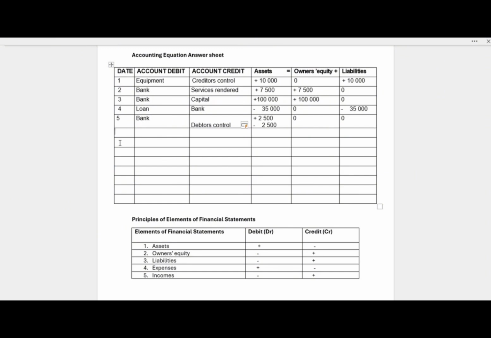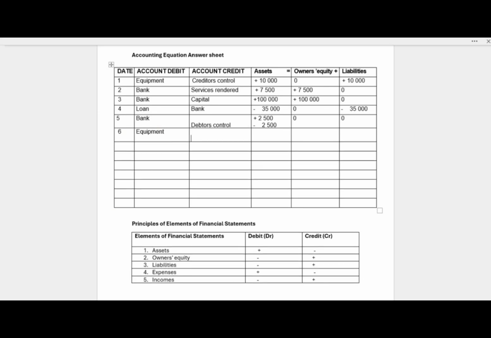So transaction number 6. Equipment is an asset. We bought more equipment, so there's an increase in our equipment, and it is an asset. Whenever an asset increases, we debit. So we're gonna say equipment here, and then we're gonna decrease our bank because we have made a payment. There's a decrease in our bank, and it is also an asset. Whenever an asset decreases, we credit, right?